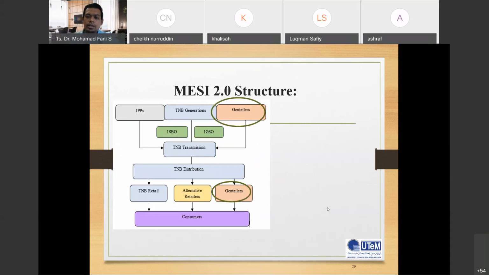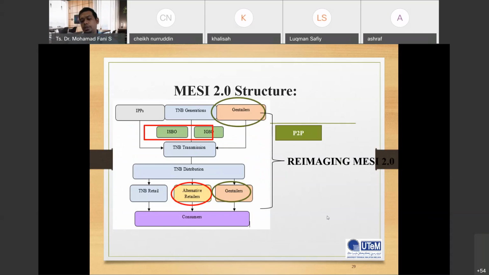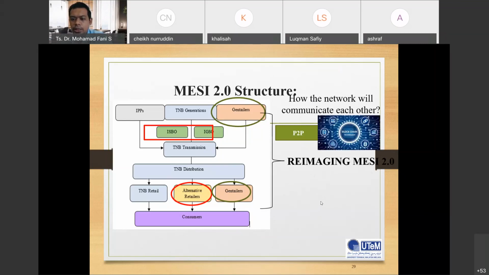Okay, this structure. So that's the opportunity for peer-to-peer. What is peer-to-peer? Your neighbor can supply, or you as the gentailer can supply your balance of electricity consumption to your neighborhood. Or if you have solar PV, you can sell your electricity to your neighborhood. On how this will be communicated, the communication system is based on blockchain technology.